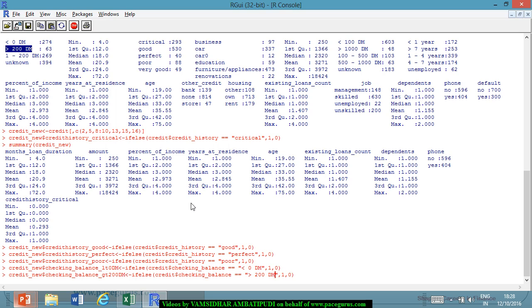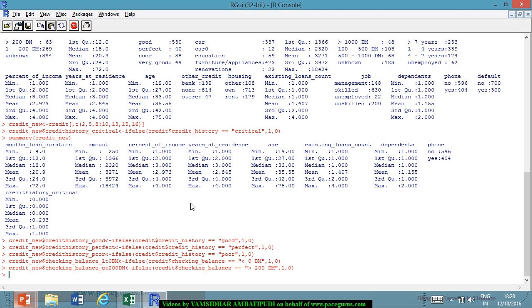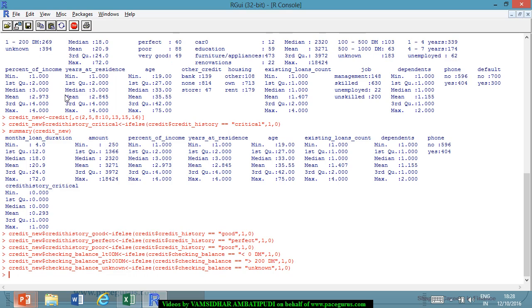So this is one more variable that I'm creating, and probably I would also set it as unknown, so that the other one would be my default variable. So let me set the balance equal to unknown. So these are the new variables that are getting created.